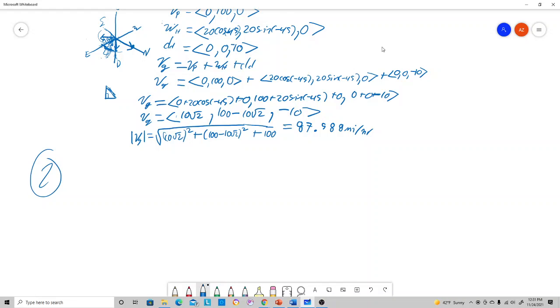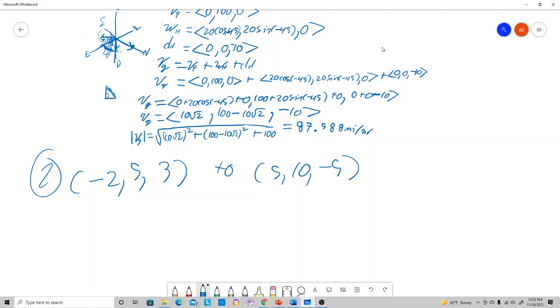Let's say we have the point negative 2, 5, and 3, and it starts from here and then goes to 5, 10, and negative 5. So those are the 2 points, and we want to figure out how we can turn this into a vector.